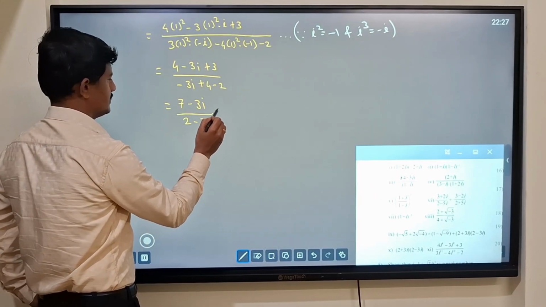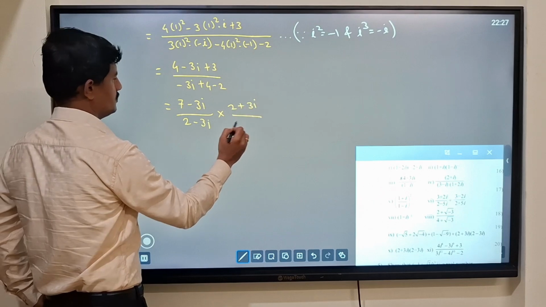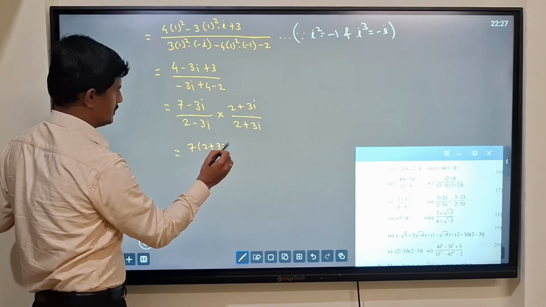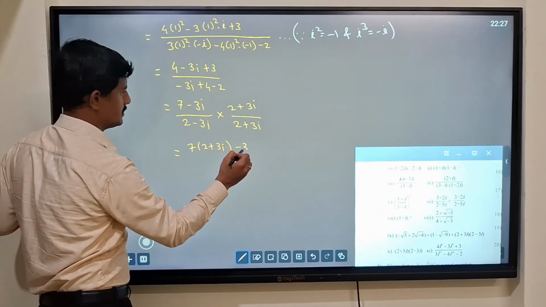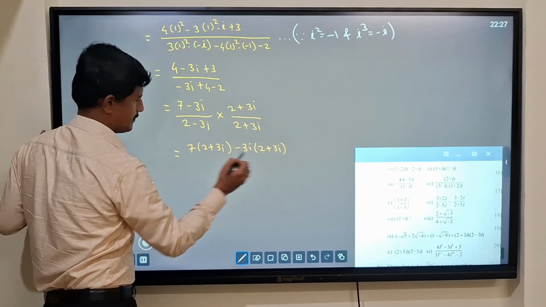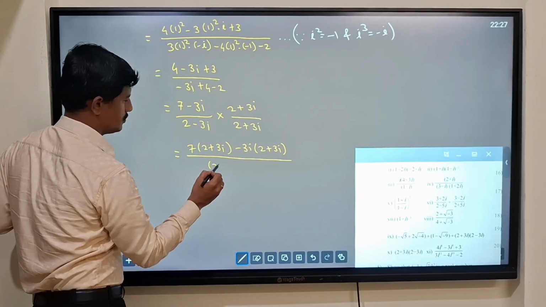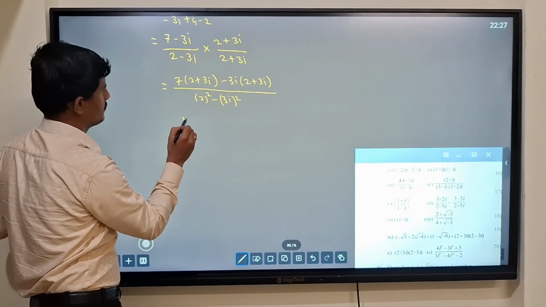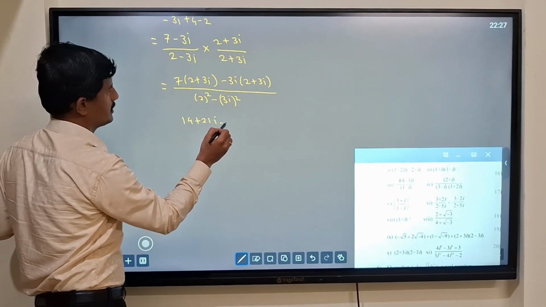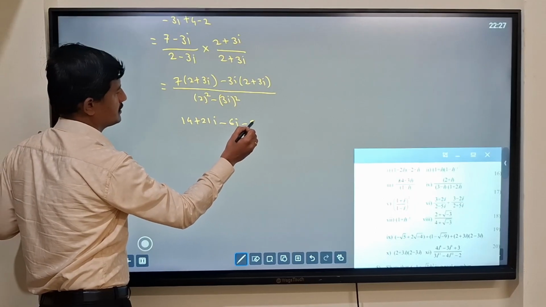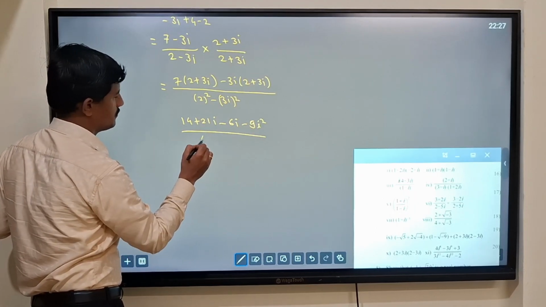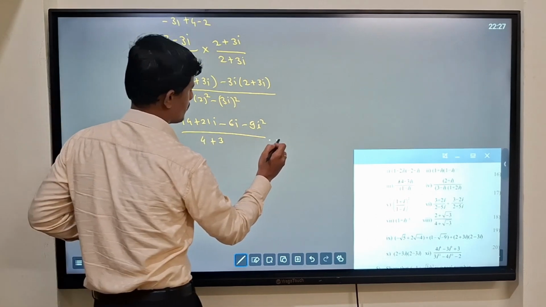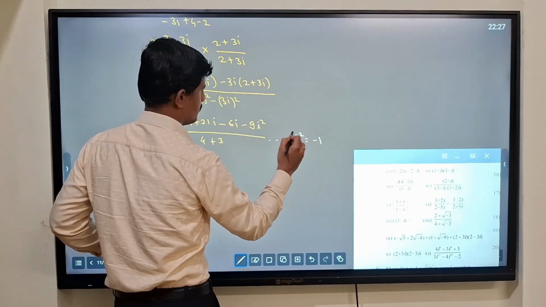So rationalize it by multiplying by 2 plus 3i upon 2 plus 3i. So this becomes 7 into 2 plus 3i, minus 3i into 2 plus 3i, over 2 square minus 3i square. So this becomes 14 plus 21i minus 6i minus 9i square upon 4 minus 3. This becomes plus 9 because i square is simply minus 1.